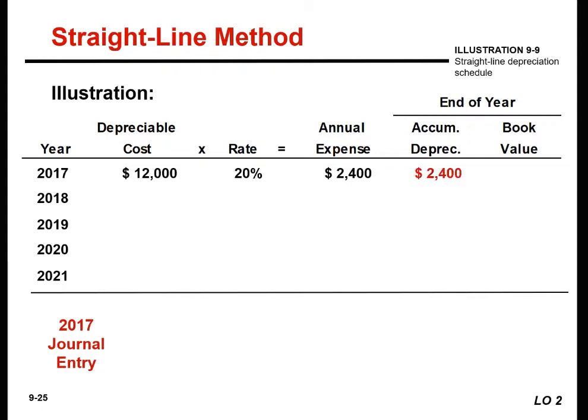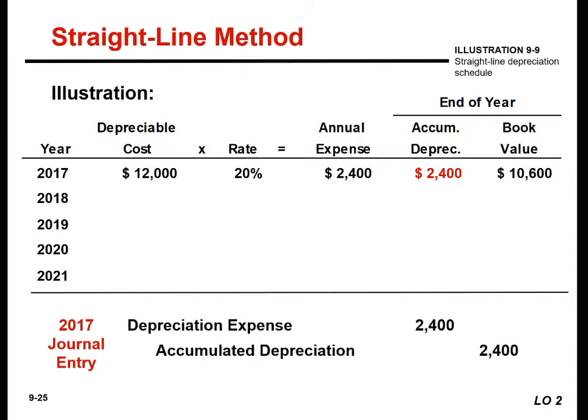In the first year, the accumulated depreciation account would have $2,400 posted to it, and the book value on the balance sheet of this particular asset would be $10,600. We would recognize depreciation expense of $2,400 and an accumulated depreciation of $2,400.